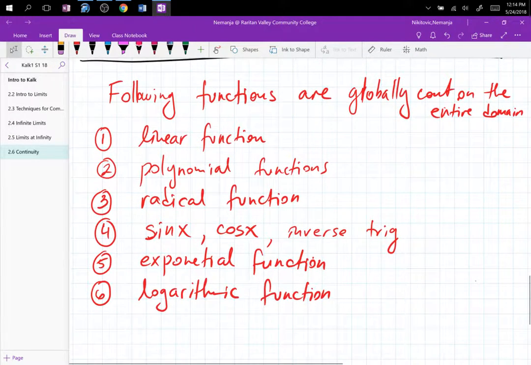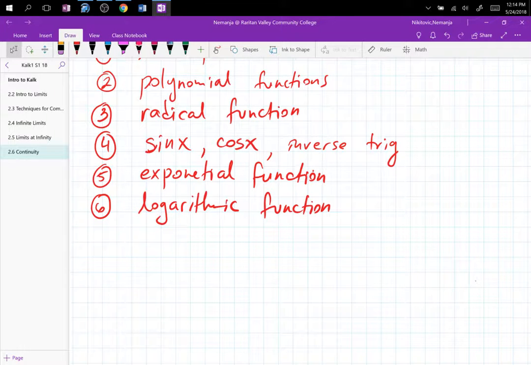Now, it's impossible to check every point for continuity at the point. To claim global continuity, we have a theorem which states that all polynomial functions, exponential, logarithmic, radical (not rational, radical) functions, and then sine, cosine, inverse trig, are all continuous on their domain.